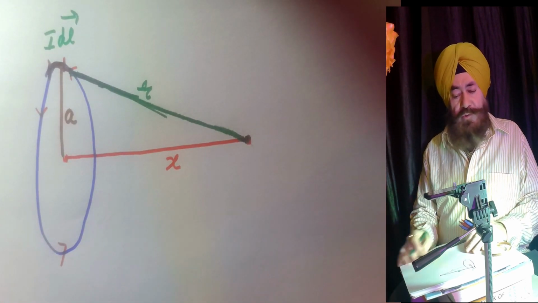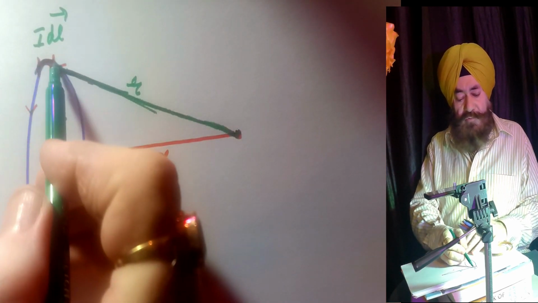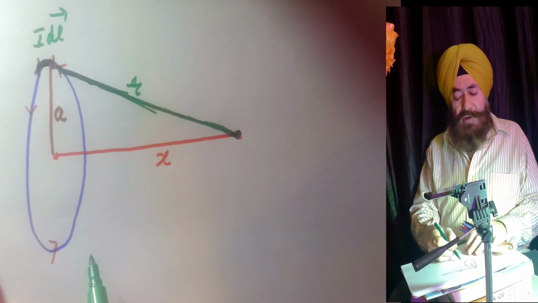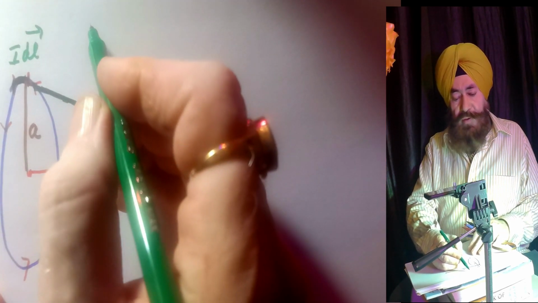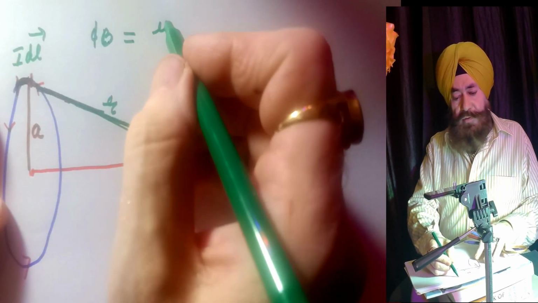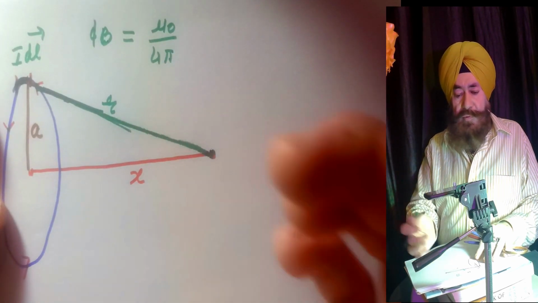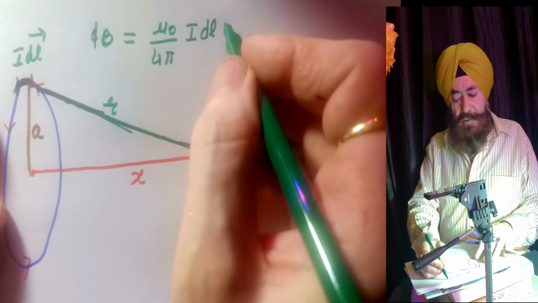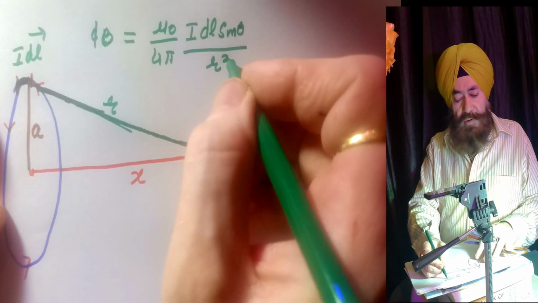I am using Biot-Savart law for writing the small magnetic field because of this small current element. And what will that be? dB equals mu naught over 4 pi, I dl sine theta upon r square.